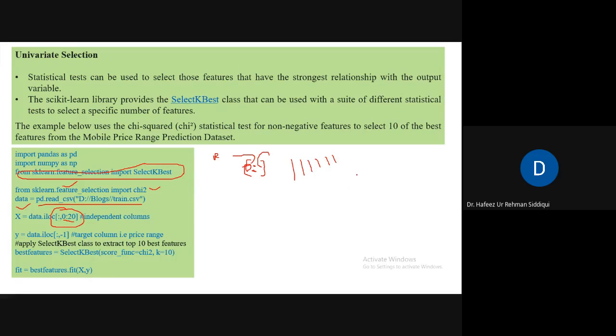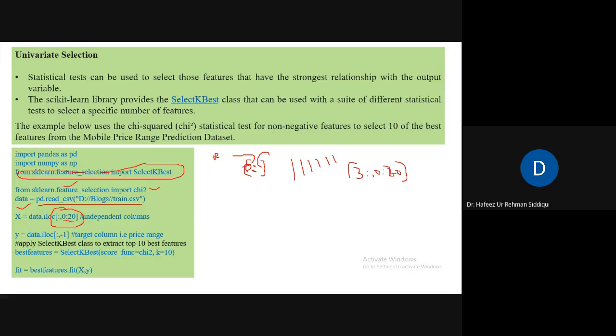independent of the rows. Let's suppose, for example, I have 3, and this is the colon, and I would say 0, comma, 0 to 20. This will give me 3 rows of 20 features.